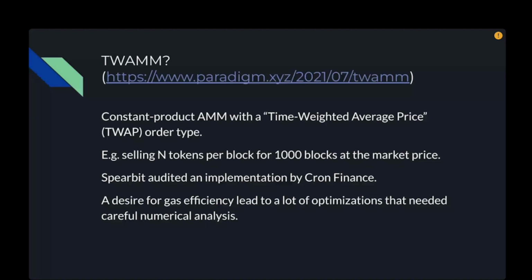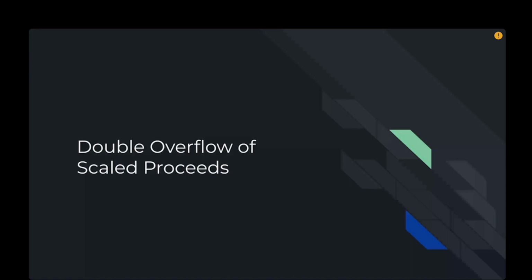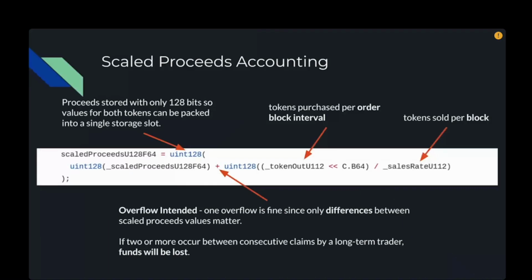So first thing I want to talk about is called the double overflow of scaled proceeds. To introduce this, when you make a long-term order, the proceeds, which means the tokens you purchase, get accumulated in a standard accumulator style variable.